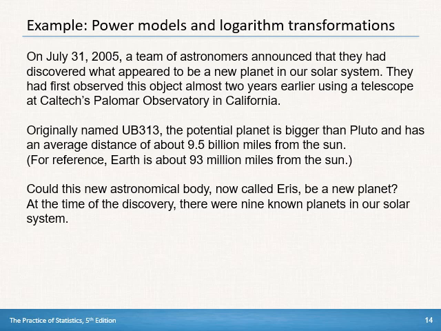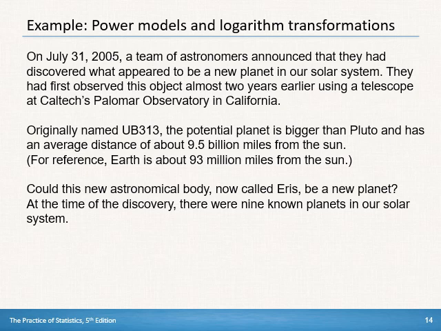Originally named UB313, the potential planet is bigger than Pluto and has an average distance of about 9.5 billion miles from the sun. For reference, Earth is about 93 million miles from the sun, so considerably further.